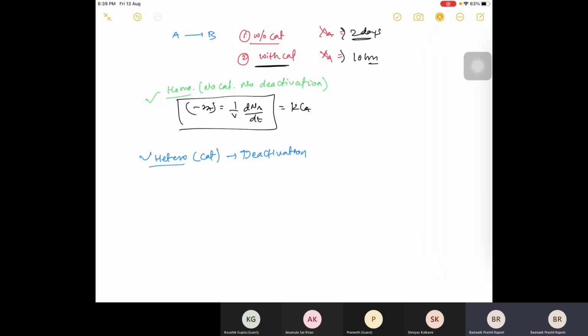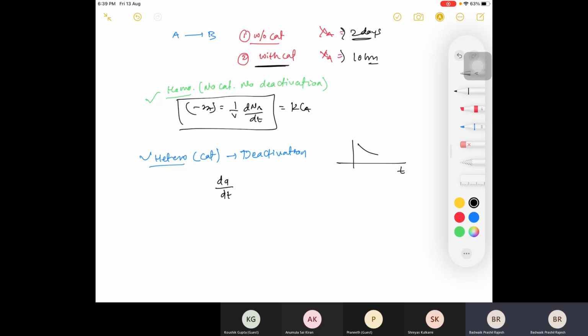So I'm writing here the rate of deactivation. This is dA, the activity of that catalyst, changing with respect to time. This activity is decreasing with respect to time, right?